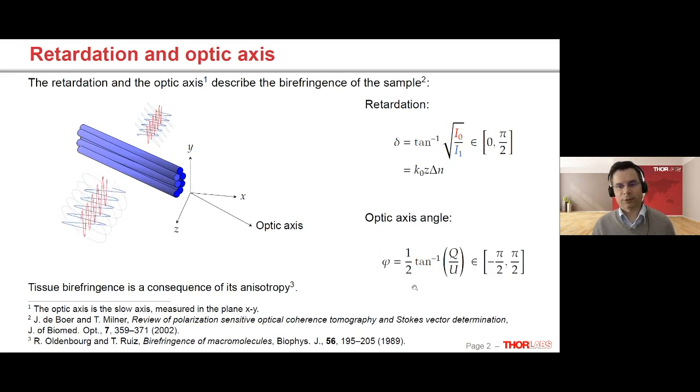There is a factor of 1/2, so the result will be between -π/2 and +π/2, which makes sense because we cannot distinguish between a 90 and a -90 degrees rotation. They are both the same to us.